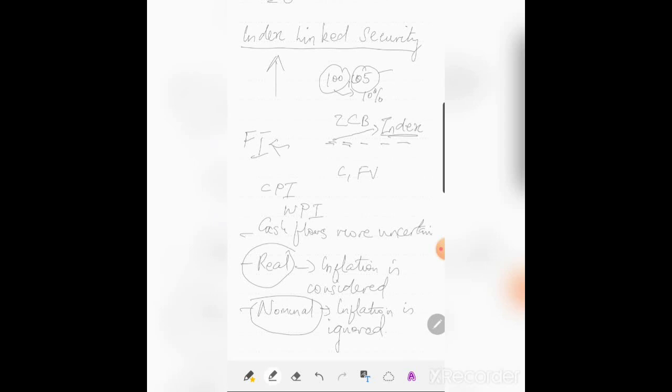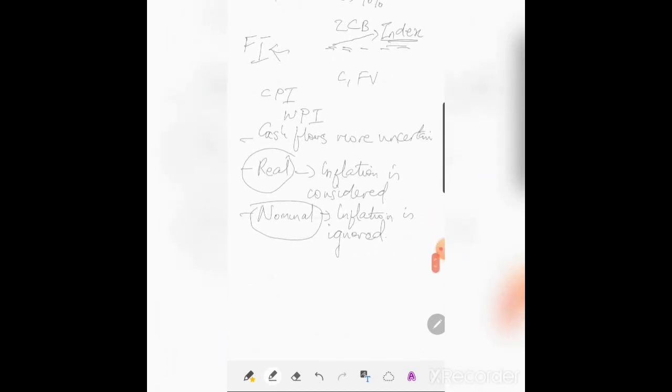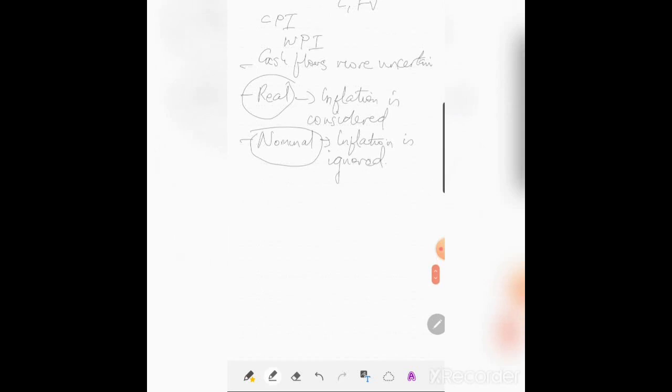But one simple thing that needs to be understood is the inflation index. We said the coupons will be based on the inflation index. So suppose I have bought an instrument in 2012.